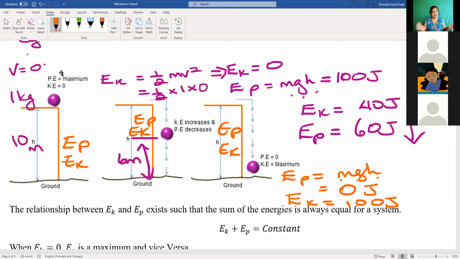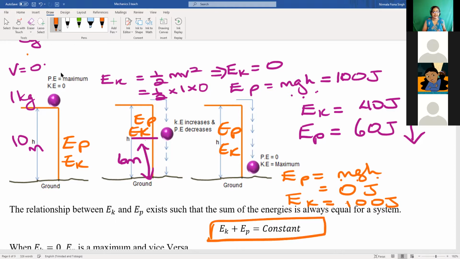Remember, every system is different. So I can't say if I drop a 500-gram little pebble from somewhere, you're going to get the same value as a 1 kilogram object. No. But for a given system, the sum of your kinetic energy and your potential energy is a constant.